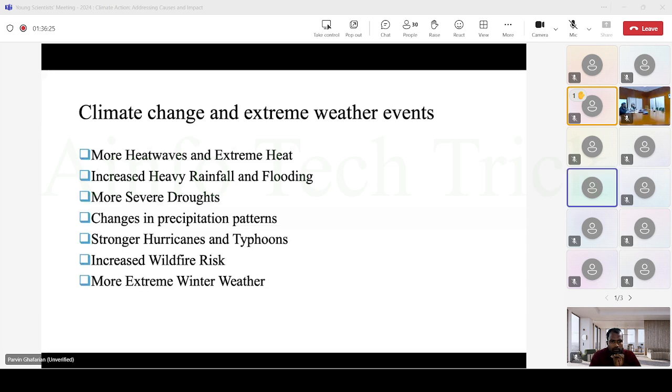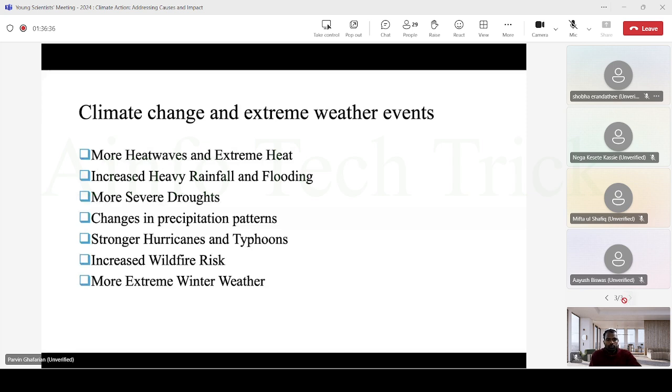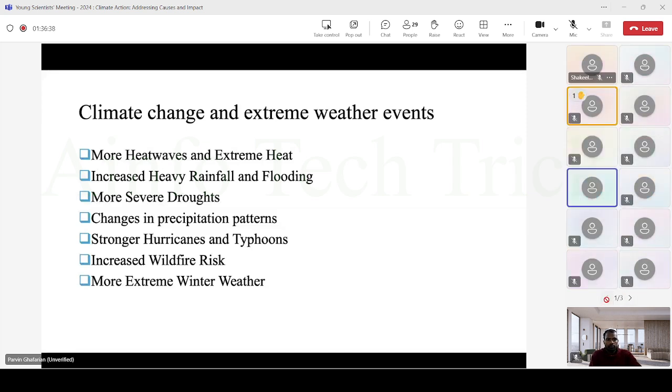And increased wildfire risk. Climate change creates ideal condition for wildfire by increasing temperatures and drying out vegetation. And also more extreme winter weather. A warming Arctic can disrupt the polar vortex, leading to more extreme cold spells and winter storms in some regions.